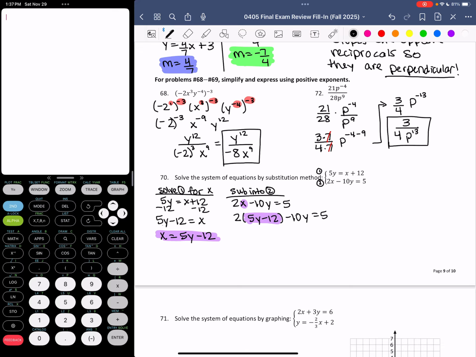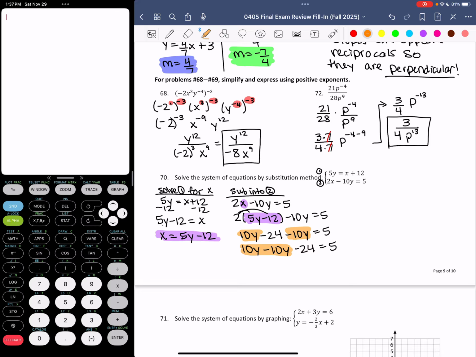Okay. So distribute. 2 times 5 is 10y minus 24 minus 10y equals 5. Okay, when I rearrange it, 10y minus 10y minus 24 equals 5. I see that I have these guys right here.